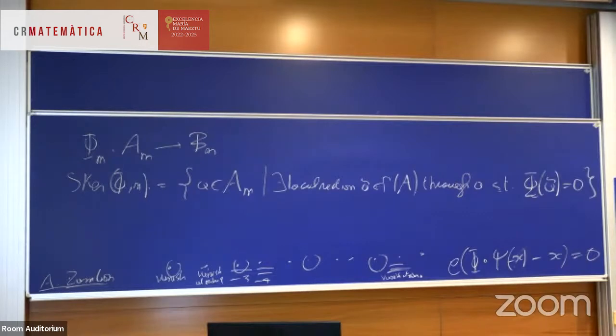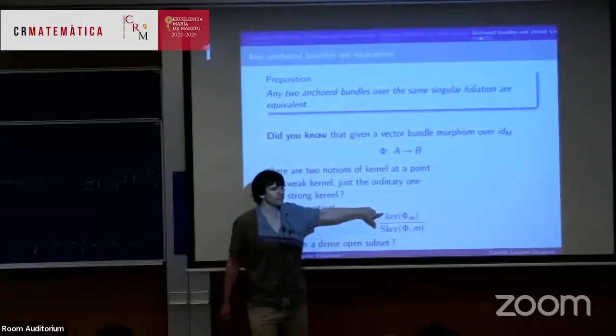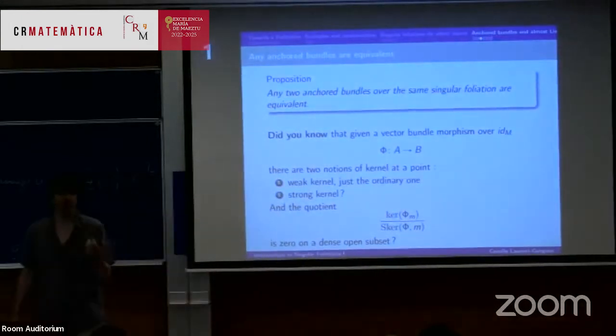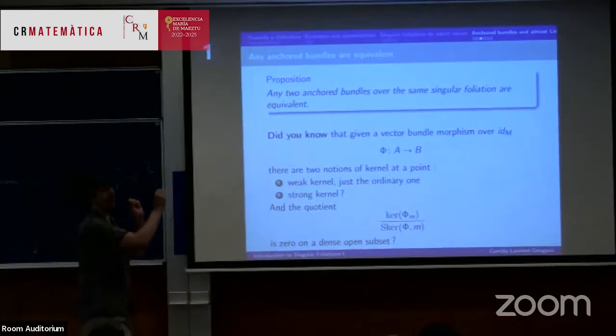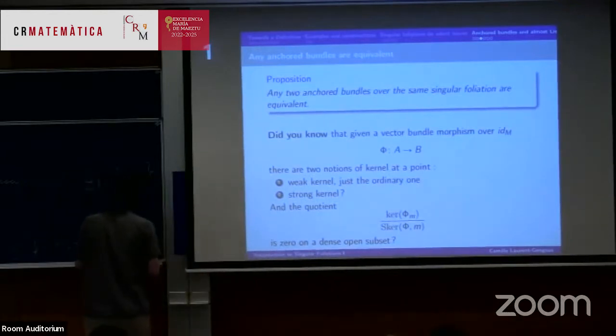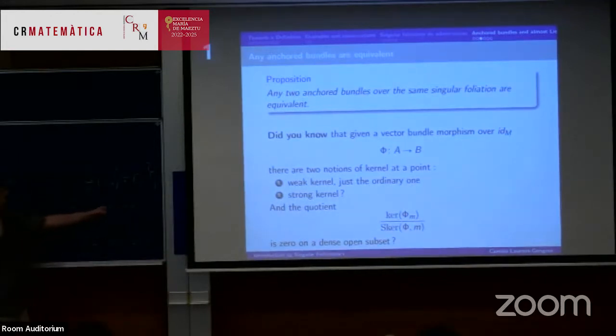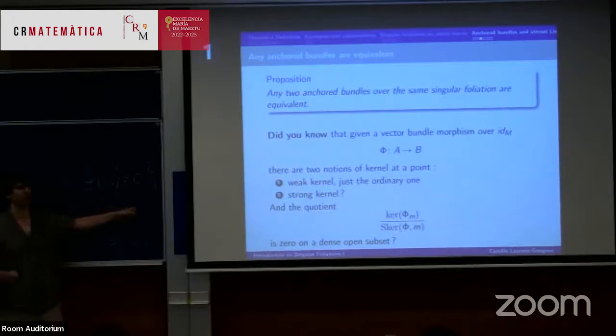Well, of course, the strong kernel is included in the kernel, and they behave in very different ways. If I have a sequence of points that converge to this point, and assume the ordinary kernel has dimension 5 on each one of these points, at the limit the dimension cannot be 4; maybe 5, maybe 6, maybe 7.